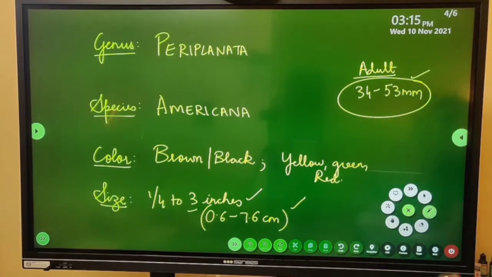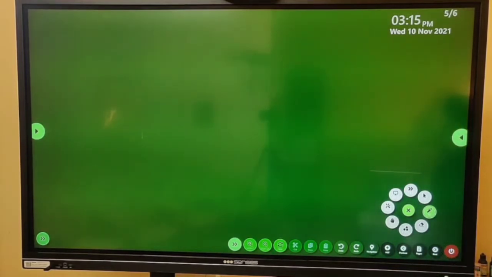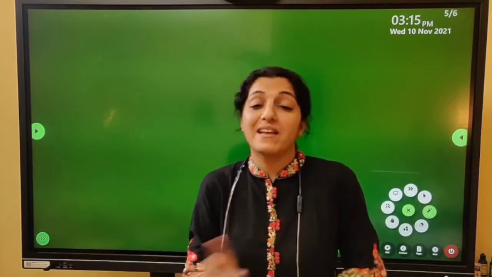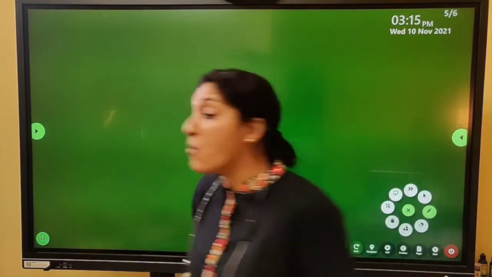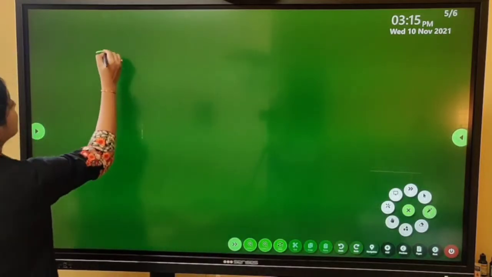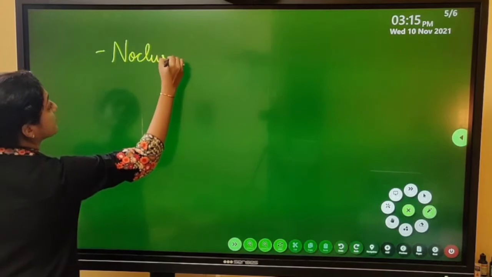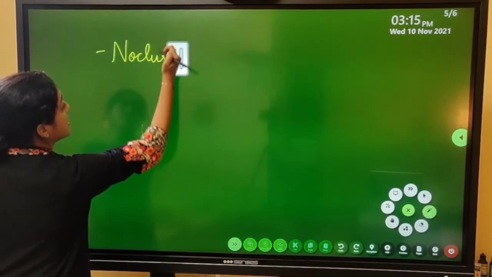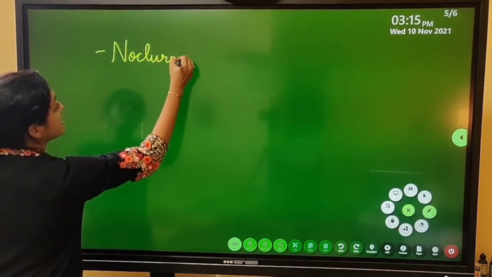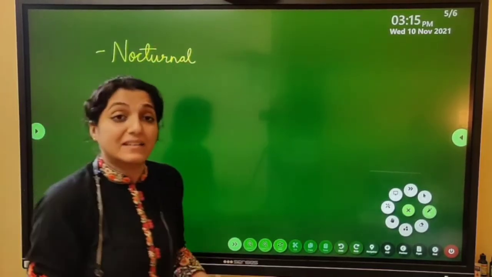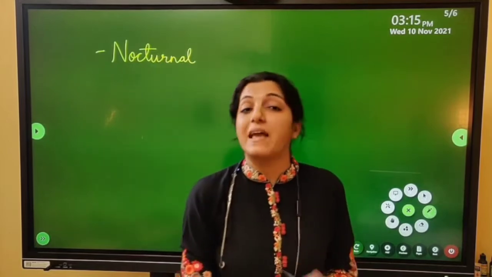All right. Now, next let us see the general characteristics. कॉकरोच अक्सर रात में देखने के लिए मिलता है. It is more active in the night time, so we call it a nocturnal animal. Nocturnal मतलब उसकी एक्टिविटी ज्यादा नाइट टाइम में रहती है.